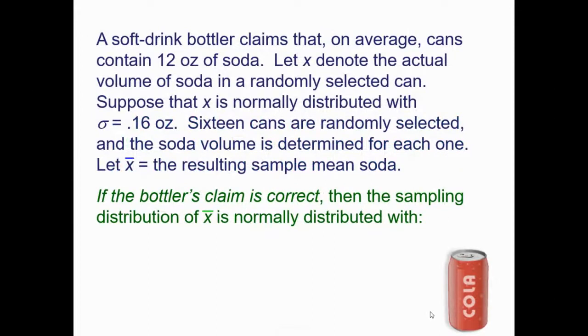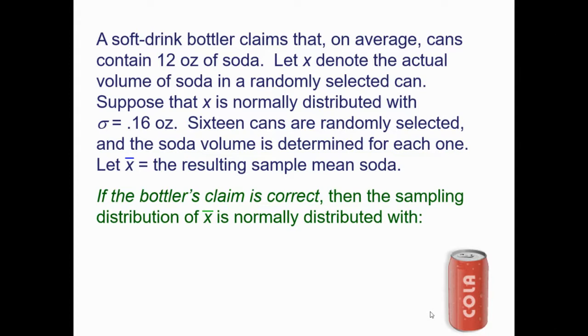Okay, so let's look at our example. A soft drink bottler claims that on average, cans contain 12 ounces of soda. Let X denote the actual volume of soda in a randomly selected can. We're going to suppose that X is normally distributed with a standard deviation of 0.16 ounces. And we're going to select 16 cans to sample.